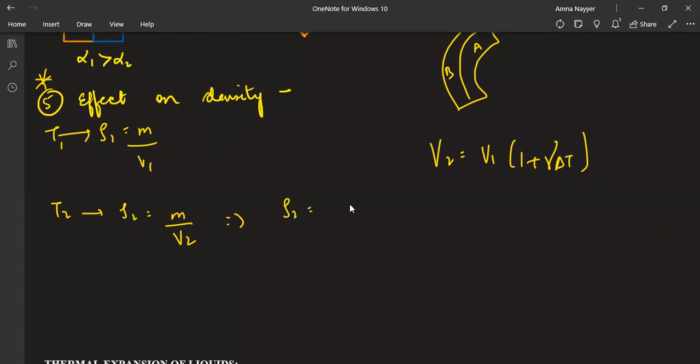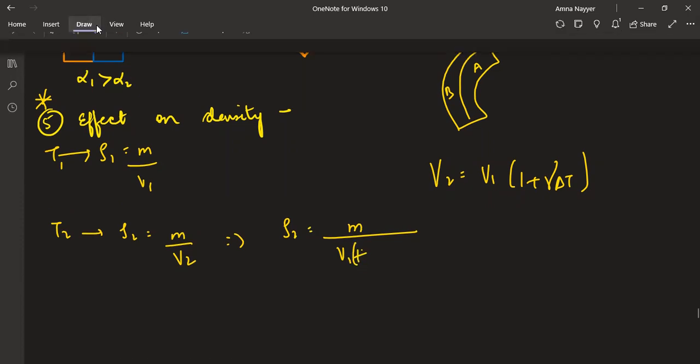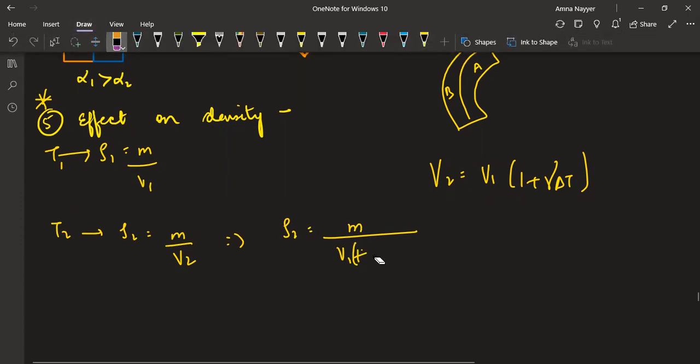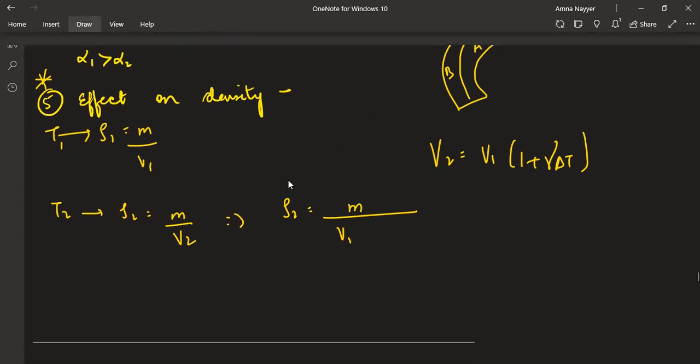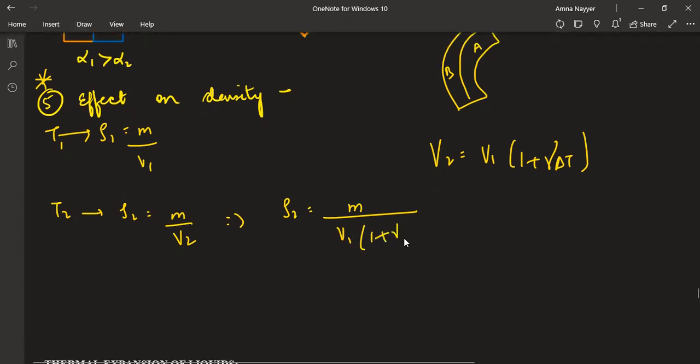So rho 2 will become M divided by V2. Now what is V2? V1 into (1 plus gamma delta T).